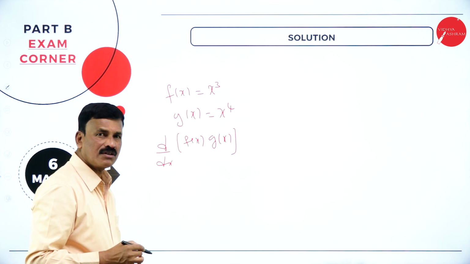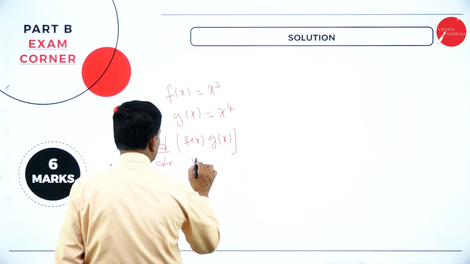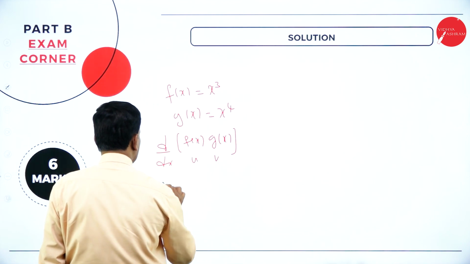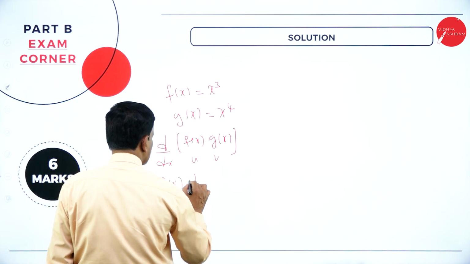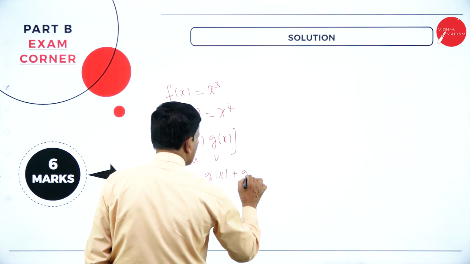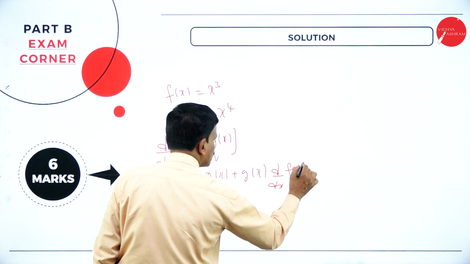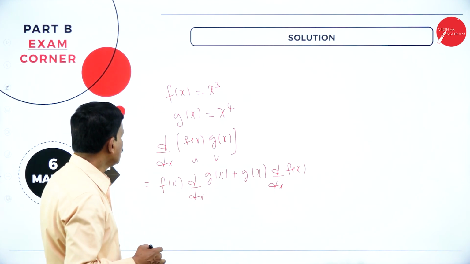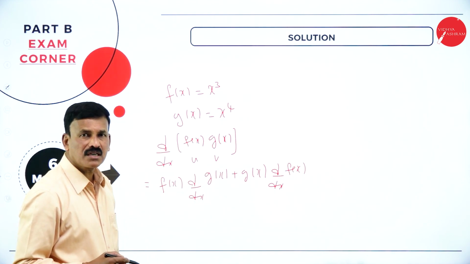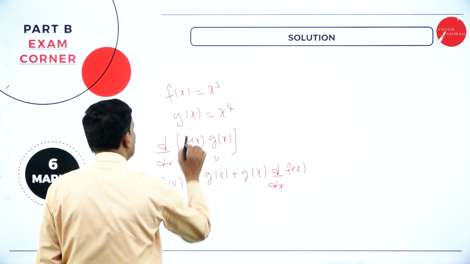Now d by dx of f of x into g of x, this is a product rule, so you can apply the product rule for this. First function f of x into d by dx of the second function plus second function into d by dx of f of x. That's all. First function into differentiation of second function plus second function into differentiation of first function. What is the first function here? X cube.